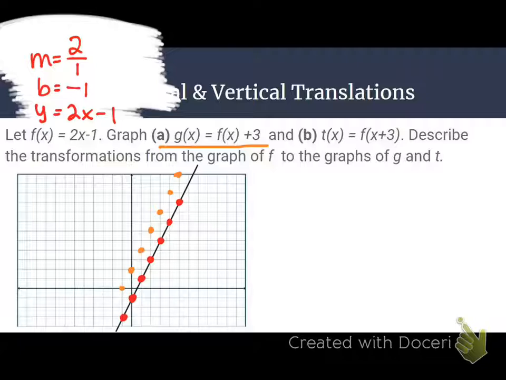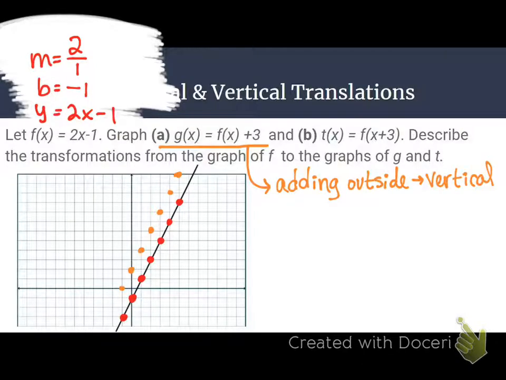If you want to make some notes about it, our thought process was adding outside meant that it was a vertical translation. Since it was adding outside and we knew it was vertical, we knew we had to go up that many units.